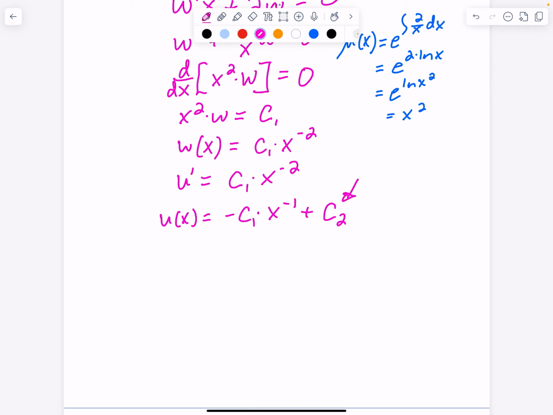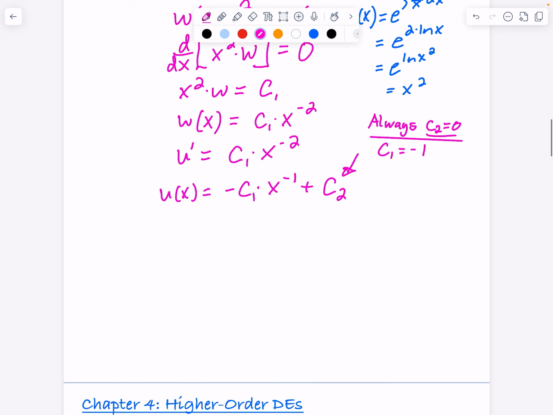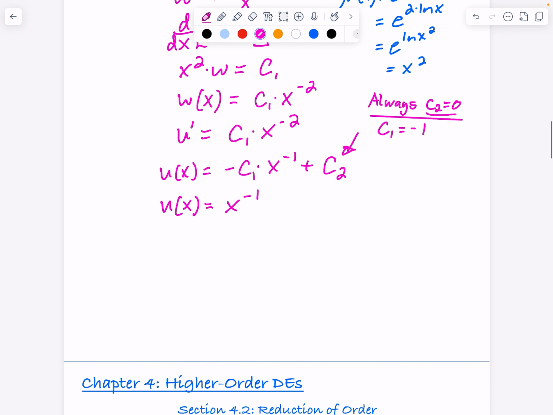We always choose C2 to be 0, that second constant. And then the other one, I'm going to put a line here because it doesn't go with always. The other one is C1. I'm going to let that be a negative 1. Usually what we shoot for is for the coefficient to be a 1. What that means then is that u of x is equal to x to the negative 1. So I can come up with y2. Y2 is equal to u times y1.